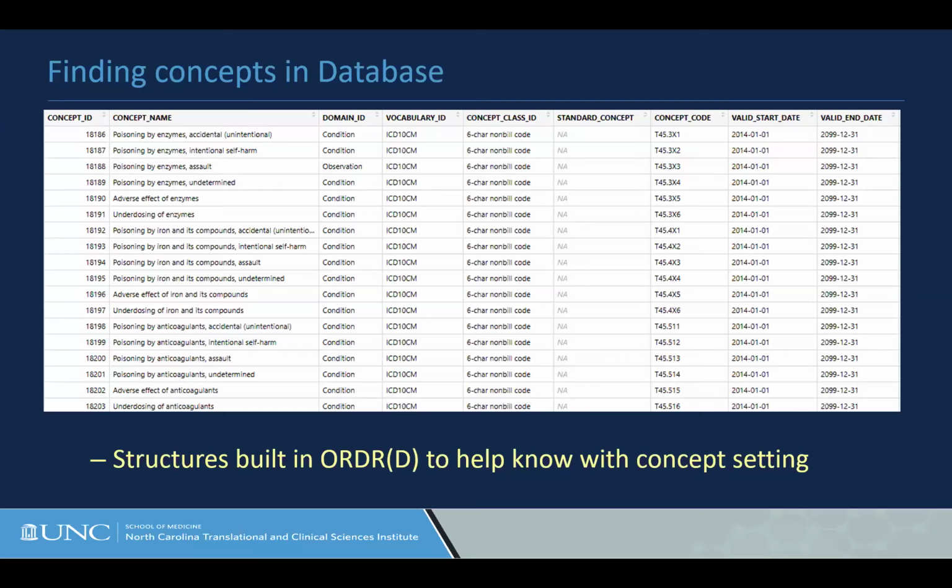Part of the complexity is that the structure of source terminologies in OMOP are not the same, and the granularities are not the same. And so mapping is not a one-to-one process, either forwards or backwards. So you have places where, say, one ICD can become more than one concept.